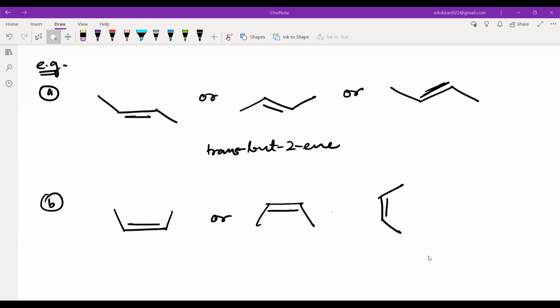Or you can also have, okay, so you get the gist. If you have any of these structures, this will also be but-2-ene, but this will be cis-but-2-ene. So you will draw a hyphen between cis and the name.